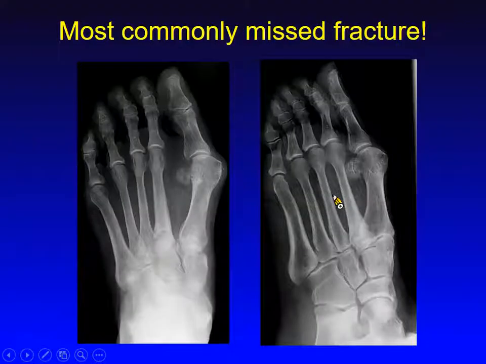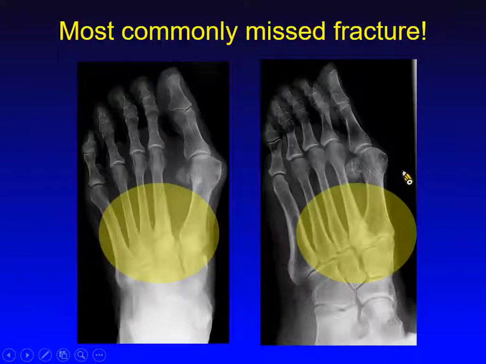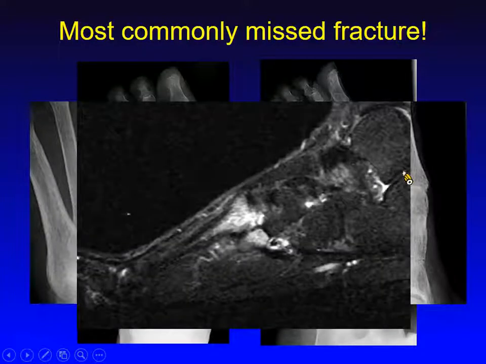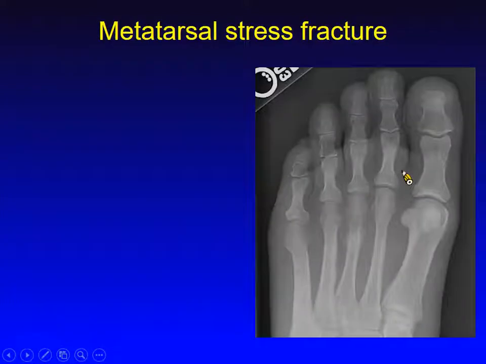All right, so this is the most commonly missed fracture on most studies. And this is basically a metatarsal fracture. So we look here. It's very subtle. But again, fractures near the bases or near the joint space can be kind of hard to see. And so there it is there, and we can see on the corresponding MRI that there's some marrow edema there.